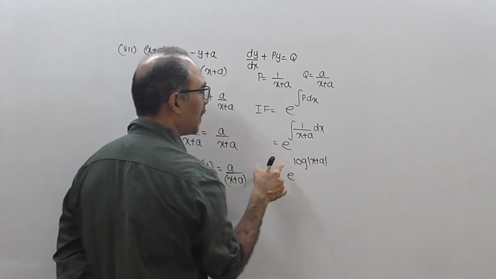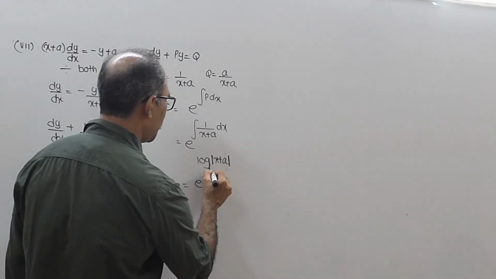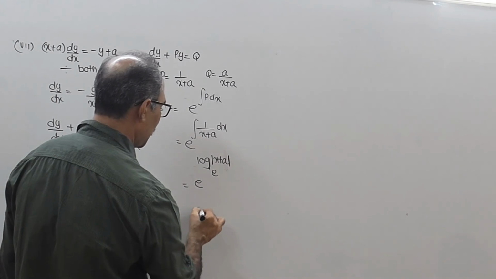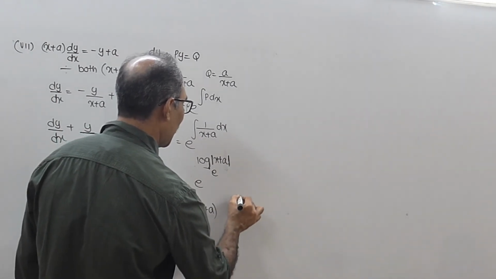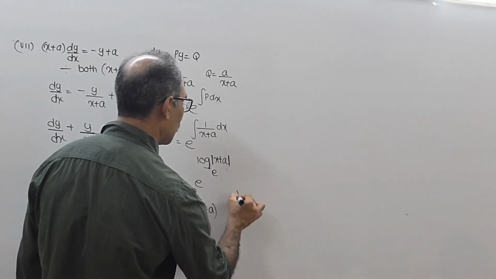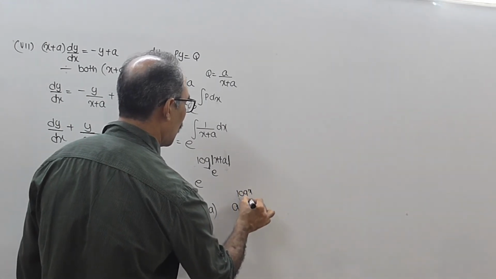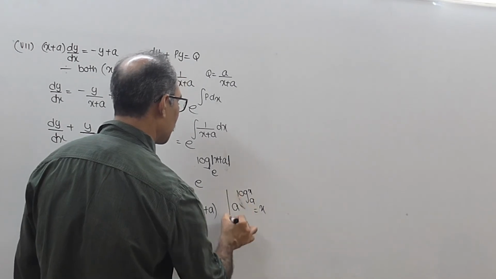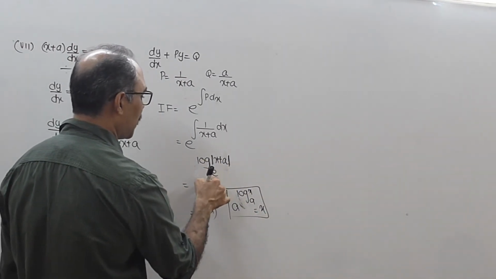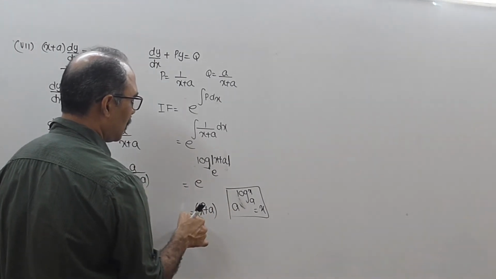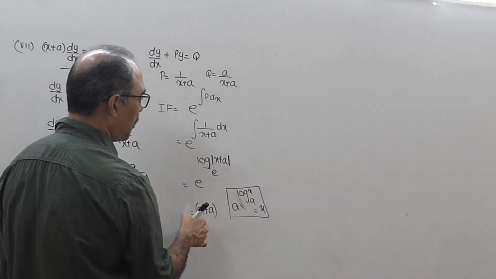Okay, this is the integration of 1 upon x plus a. This is to the base e. So I think the answer has to be x plus a. See, there is a formula: a power log x to the base a equal to x. So this is e power log x plus a to the base e, which cancels. I think the answer will be x plus a.